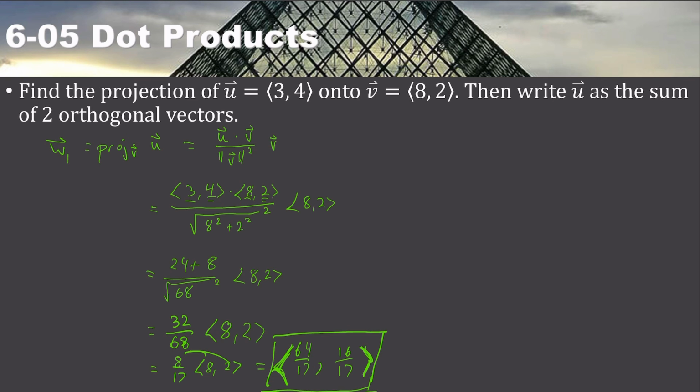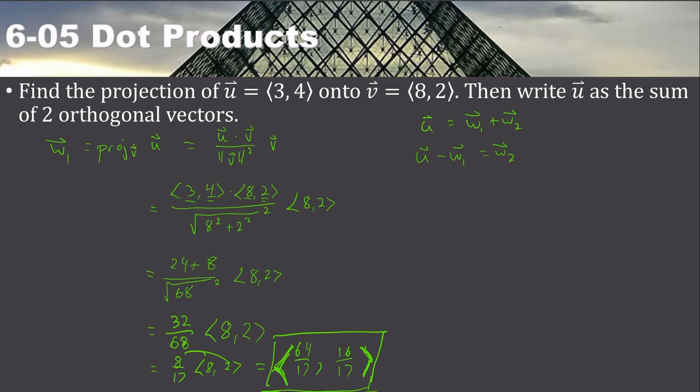To get the other one, I'm going to use the fact that u is w1 plus w2. So I want to solve for w2. So u minus w1 is w2.